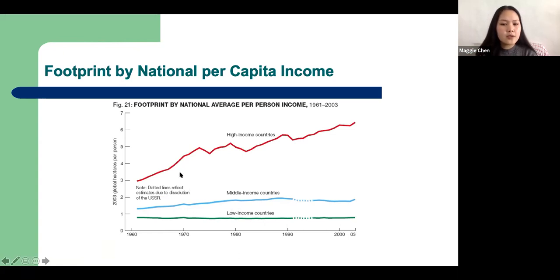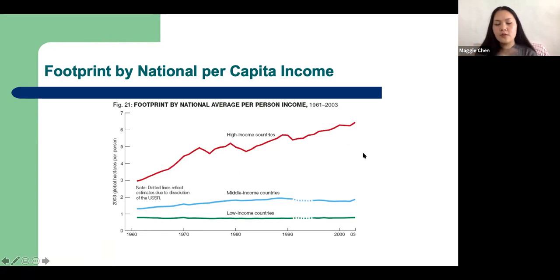But for high income countries in red, there is a steady amount of growth over time. There are some decreases at certain points, but overall, a steady increase from 1961 to 2003.